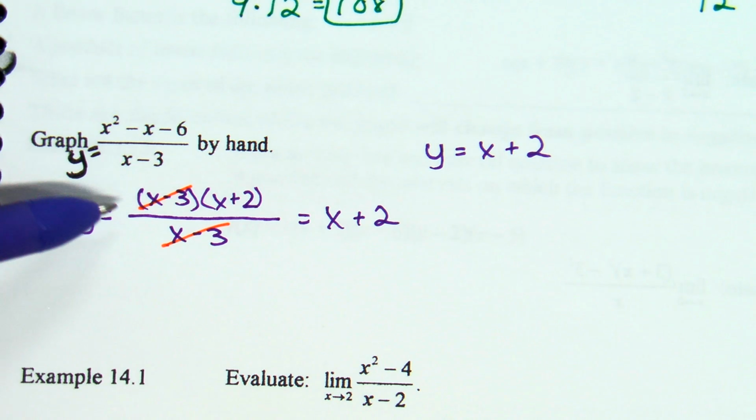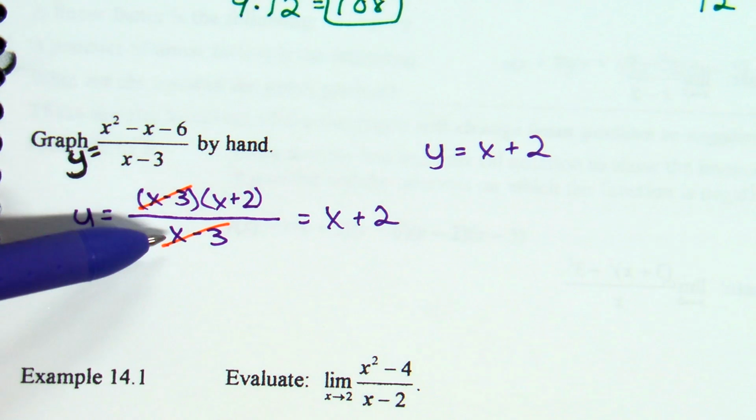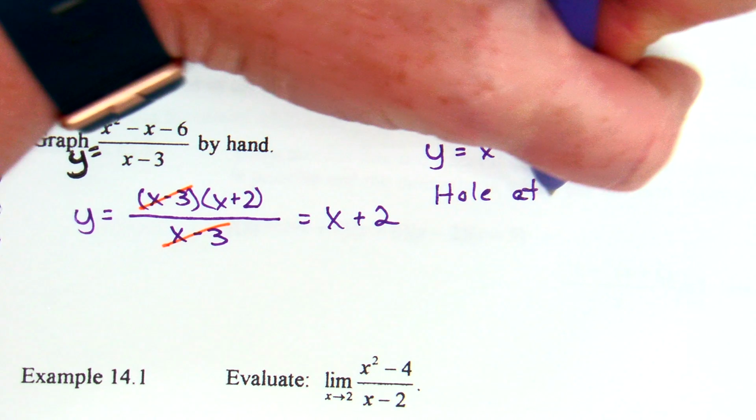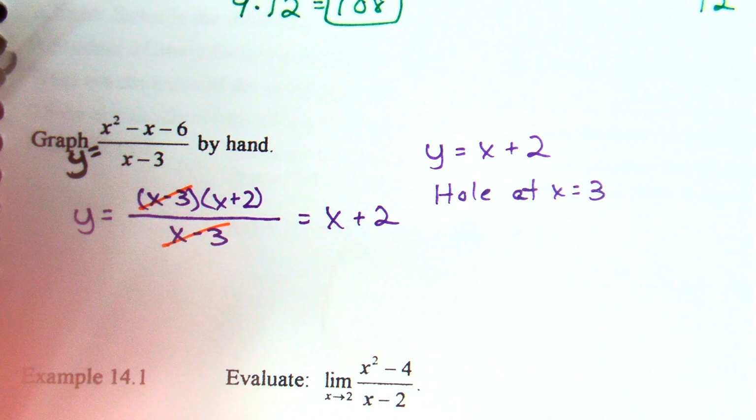Yeah, because there'll be a hole. When the denominator equals 0, it's either a vertical asymptote or a hole. If the factor x minus 3 did not cancel, it's a vertical asymptote. Because the factor of x minus 3 had another factor of x minus 3 to cancel with, it's not a vertical asymptote, there is a hole. So there's a hole at x equals 3.